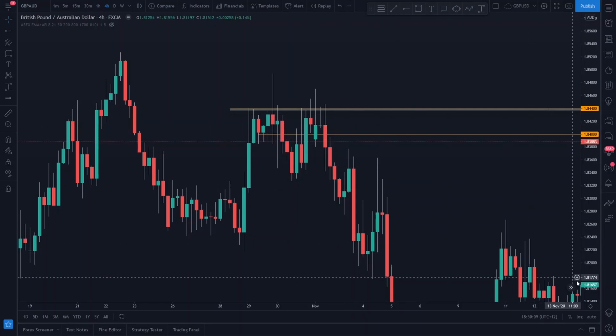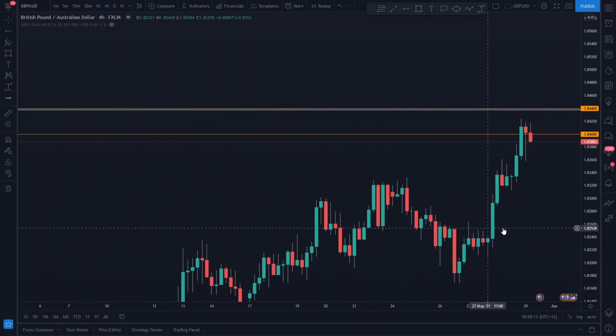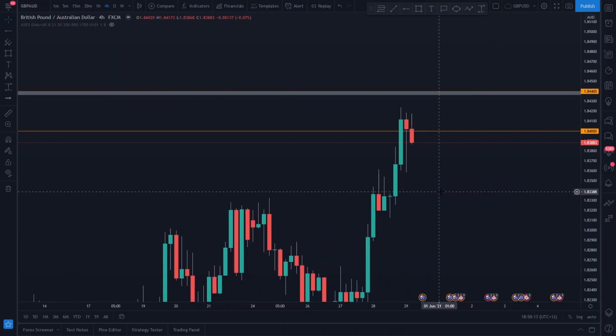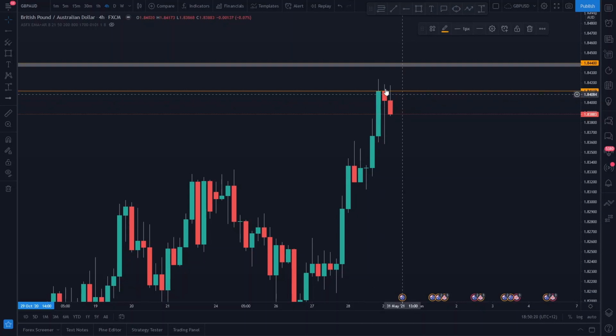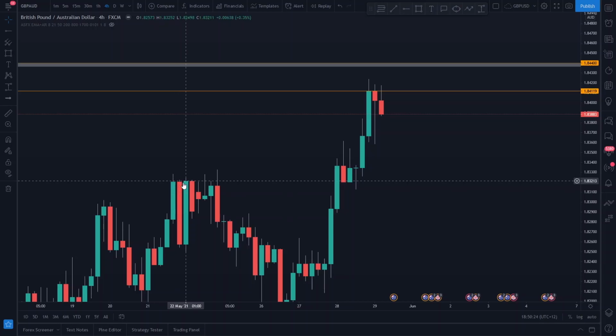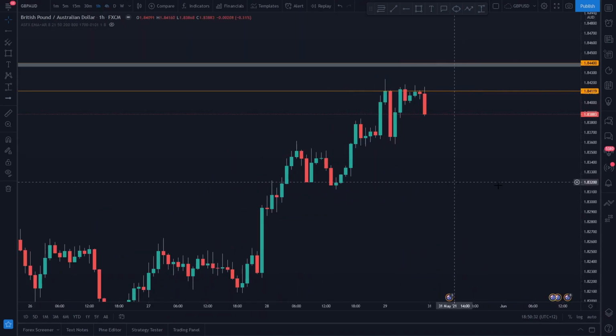But don't forget, we are on the 4 hour, so we are going to drill down into it and see what the market is doing. On a 4 hour, what can I see? I can see that the candle's been rejected on this level, and this over here was a support. Now, I want more information about what's going to happen, so I'm going to go on an hourly.